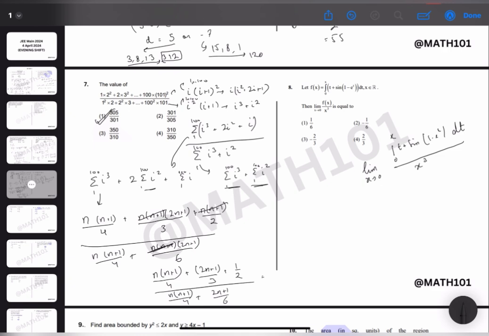So we'll use L'Hopital's rule. So this is the same as limit x tends to 0 of derivative of the numerator upon derivative of the denominator.